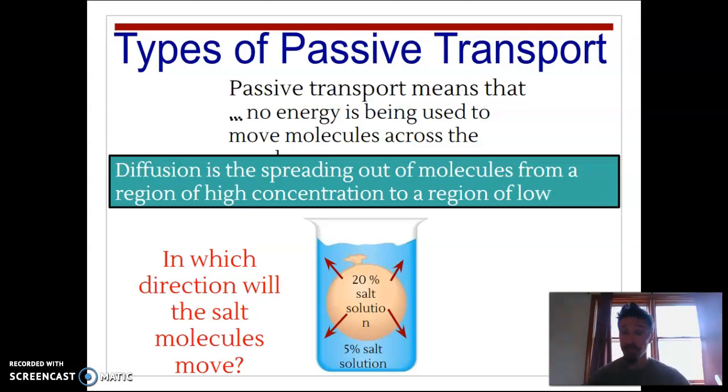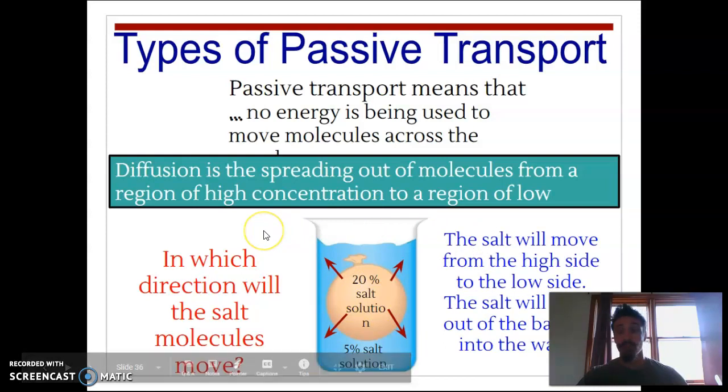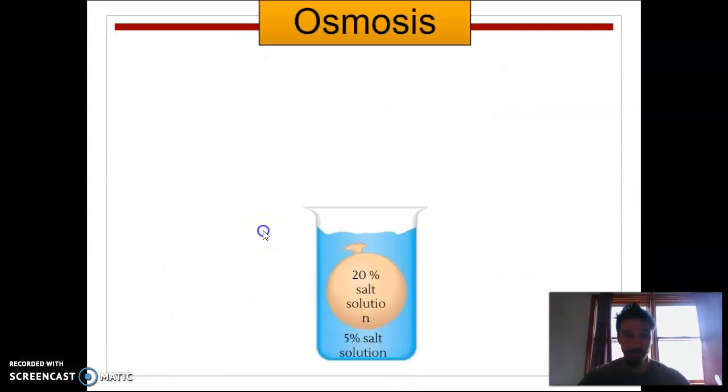So 95 is higher than 80, so that's an area of high to low concentration. Now if we talk about salt, which our example was talking about, there's a 20% salt solution in the bag compared to 5% outside the bag. That means that there's more salt inside the bag or the balloon, meaning that salt is going to diffuse out of our balloon, moving from an area of high concentration to an area of low concentration.